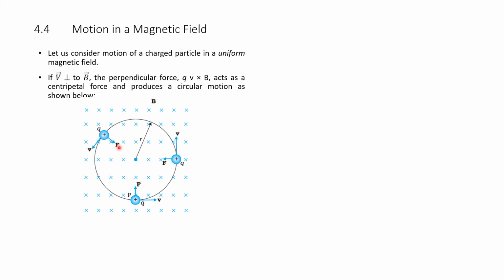This force F, as we have seen in the previous section, is given by qV cross B. V is perpendicular to B, and the force acts as a centripetal force and thus produces a circular motion as shown below. That means the interaction between V and B produces a centripetal force and results in a circular motion as shown in the figure.